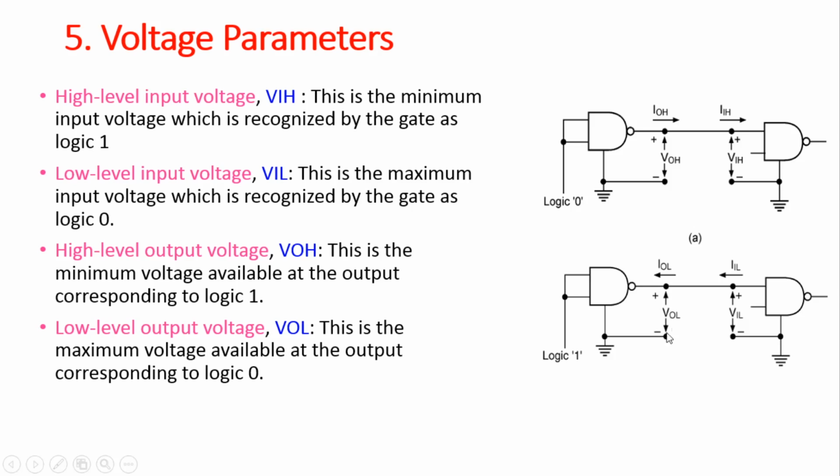Correspondingly the same in the below: this is VOL, that is low level output voltage, and this is VIL, low level input voltage. The current flowing through it is IOL and IIL. So this is the configuration for logic 0 and logic 1 for the voltage parameters.